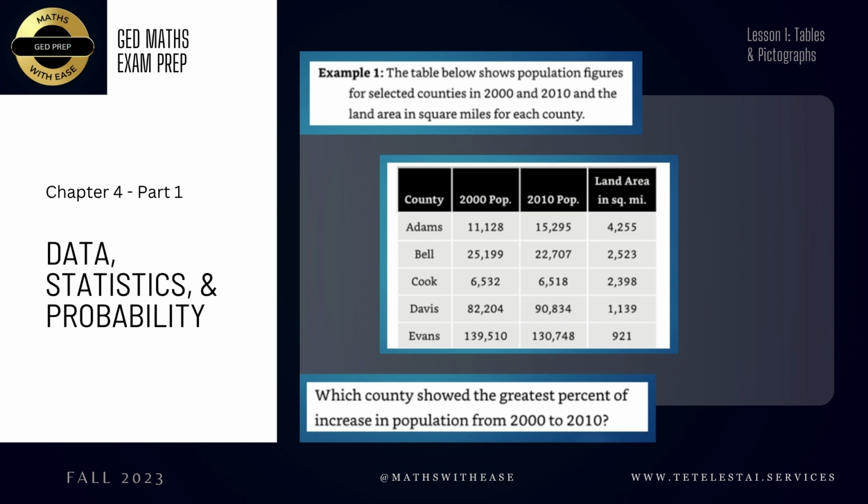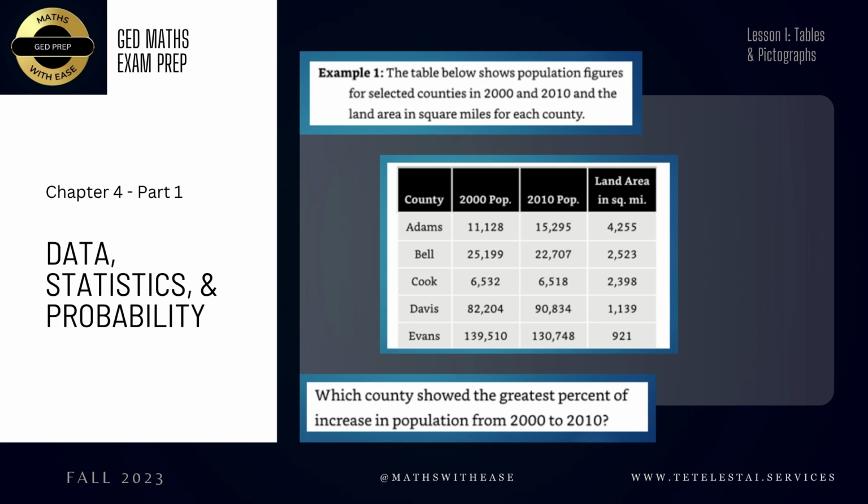So you would simply start by looking at the information that you've been presented, right? We see Adams County started with a population of 11,128 in 2000, then jumped to 15,295 in 2010.